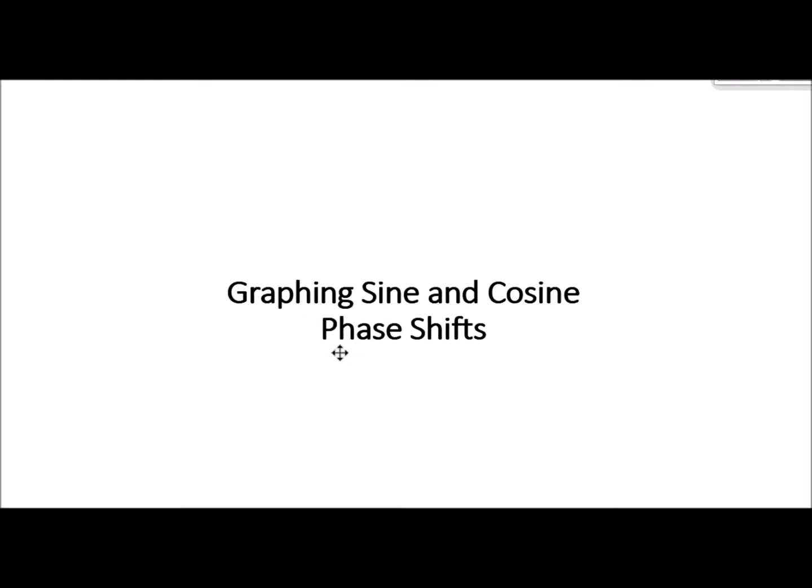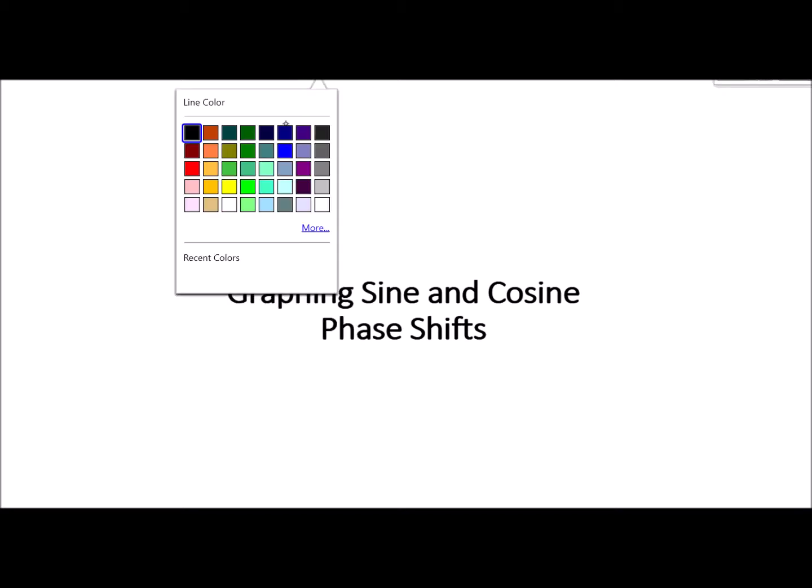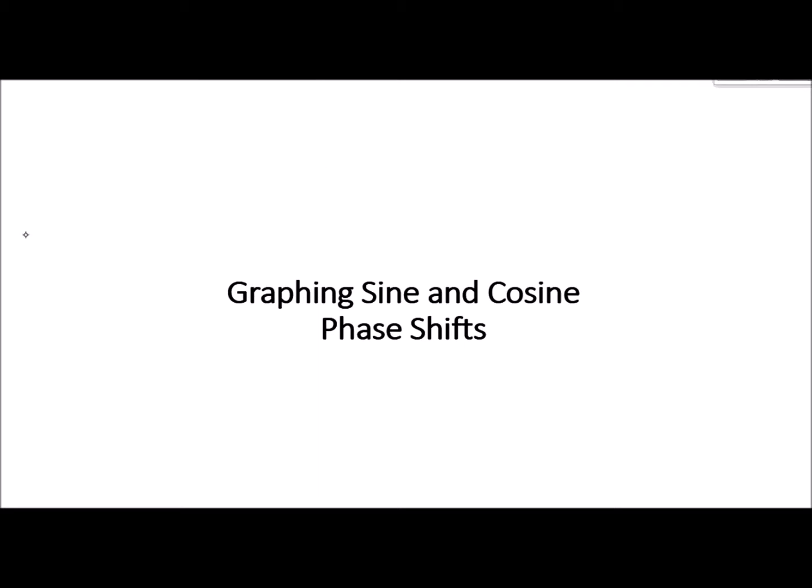This lesson we're going to talk about phase shifts. This is basically just the horizontal shifts left and right. So far we've talked about all the different ones, right? We've done vertical shifts up and down. That was where the midline was involved. Then we've done the vertical and horizontal stretches and shrinks.